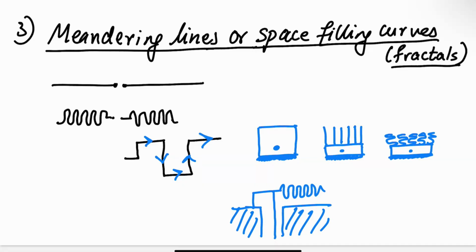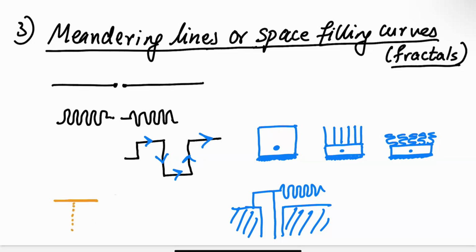Another example is a meandered slot. So I have my slot antenna, the microstrip feed, the coplanar feed. What I can do is, I'm just going to draw the slot as a line. Okay, so that's the slot. And I had a microstrip feed like that.